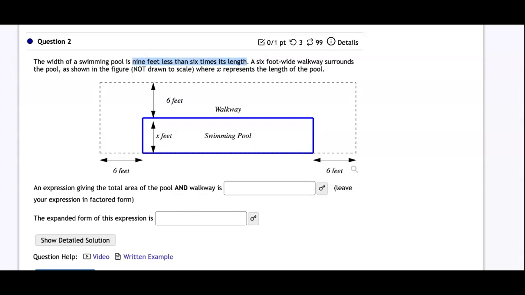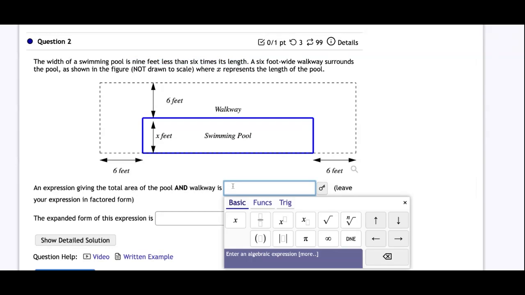Nine feet less than 6 times its length. X represents its length. 6x minus 9, perfect.